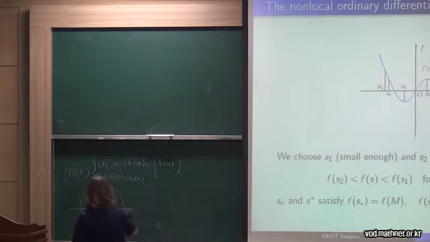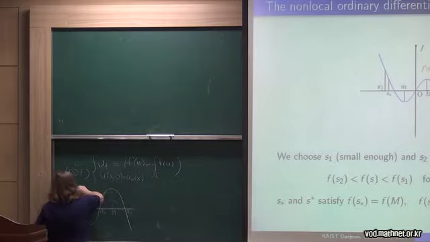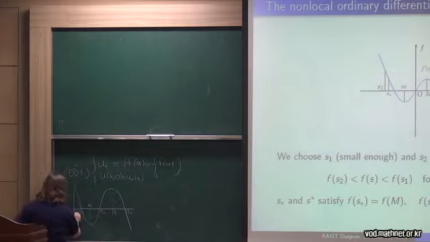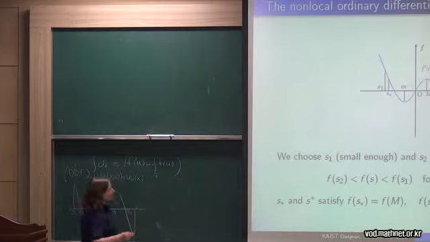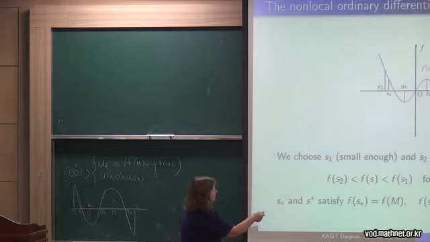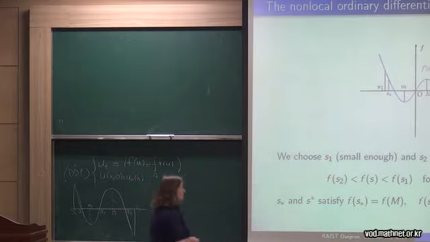Then what we do is we take s1 small enough and s2 large enough, so that f of s is always between f of s2 and f of s1 for s larger than s1 and smaller than s2. And we define two more constants.